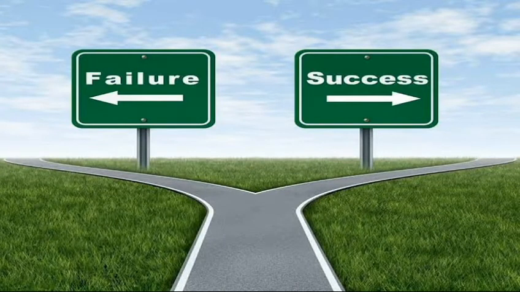Is the main character to go to the road that leads to success, or should he follow the road that leads to failure? These are the decisions he has to make, and these decisions have far-reaching consequences.